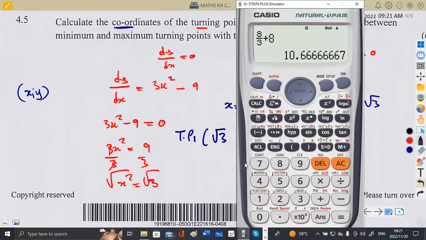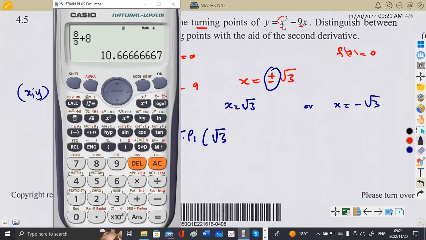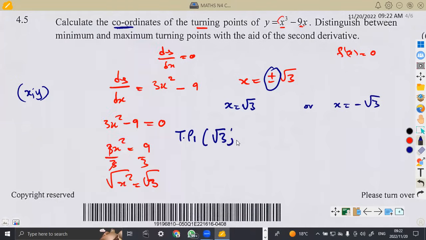So we substitute into the normal equation, x cubed minus 9x. Our x is square root of 3, so it's square root of 3 to the exponent of 3, minus 9 square root of 3. We are going to obtain minus 6 square root of 3.